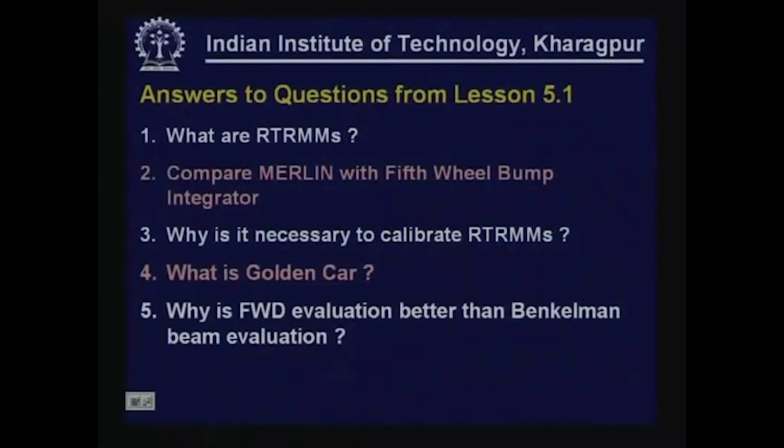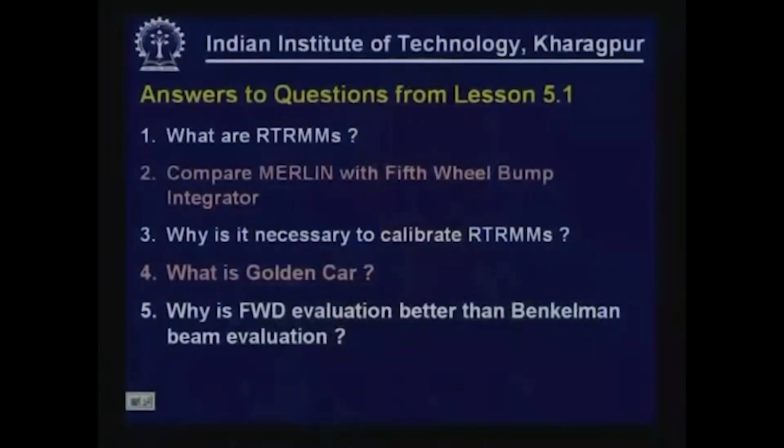That distribution gives us an index of the roughness of the pavement. While the roughness parameter that we obtain using a fifth wheel bump integrator can vary over time and can be different for different equipment, Merlin is more or less standard. That is why it is normally used to calibrate response type equipment.